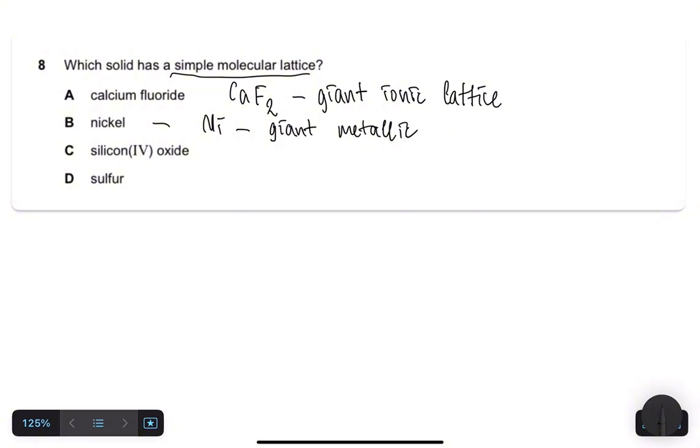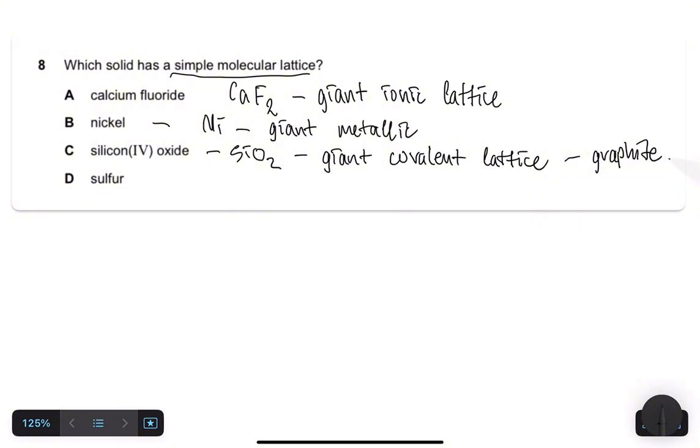And silicon dioxide is a giant covalent lattice, as we know for graphite and diamond.